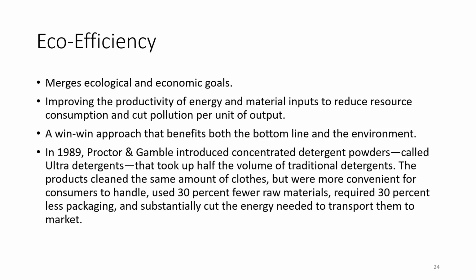These took up half the volume of traditional detergents, and the products cleaned the same amount of clothes but were more convenient for consumers to handle. These used 30% fewer raw materials, required 30% less packaging, and cut the energy needed to transport them to market.